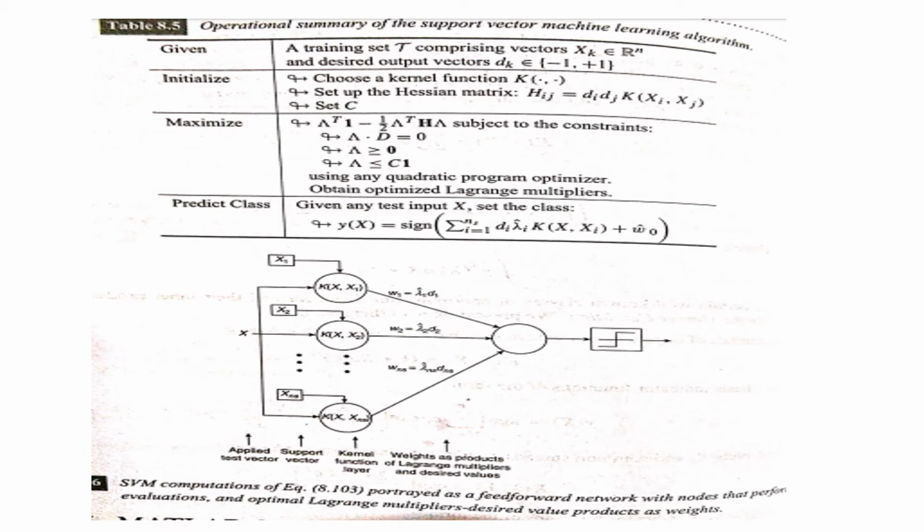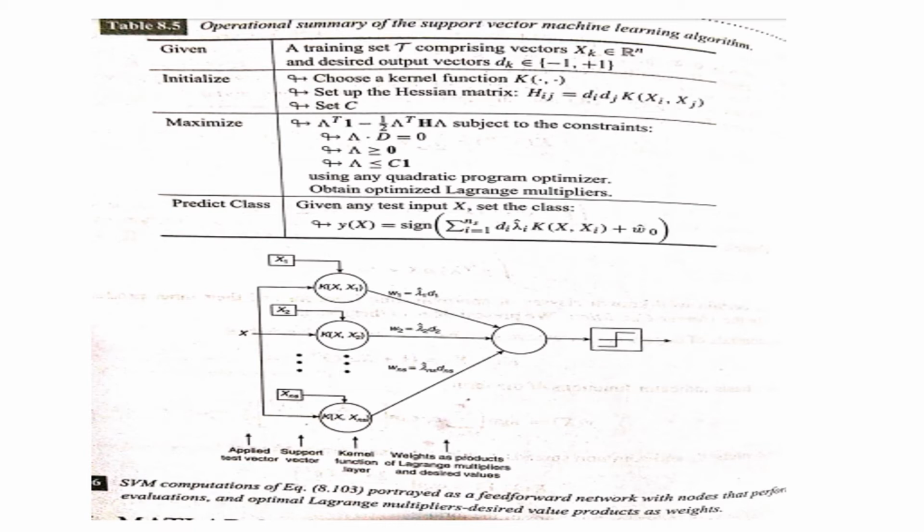This equation is subjected to the constraints: gamma into d, where d is the desired output, should be equal to 0, and gamma should be greater than or equal to 0, but it should be less than or equal to C into I. Using any quadratic program optimizer, you can optimize this equation and obtain the optimized Lagrangian multiplier.